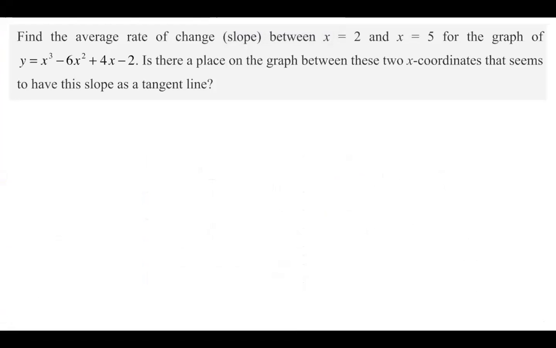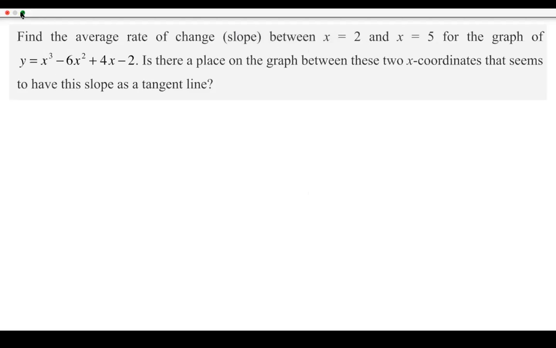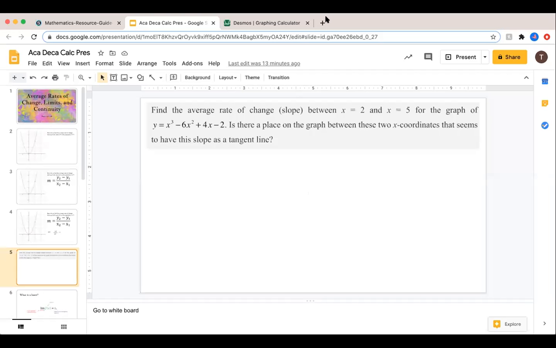The second question is asking about the tangent line, which is going into derivatives, which I think Eli is covering in the next section, so don't worry about that part. Let's just find the average rate of change, or the slope, between these 2 points for this graph. So to do this, I'm going to go to the whiteboard.